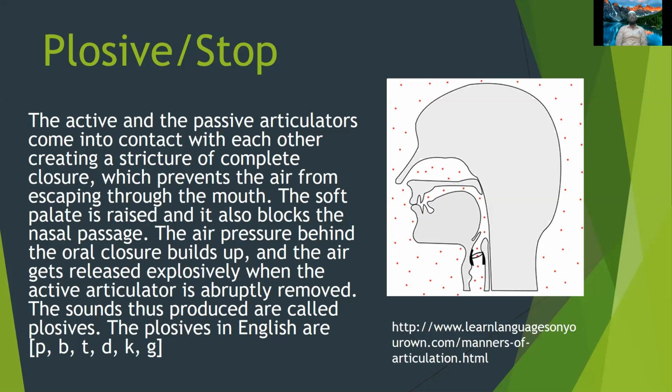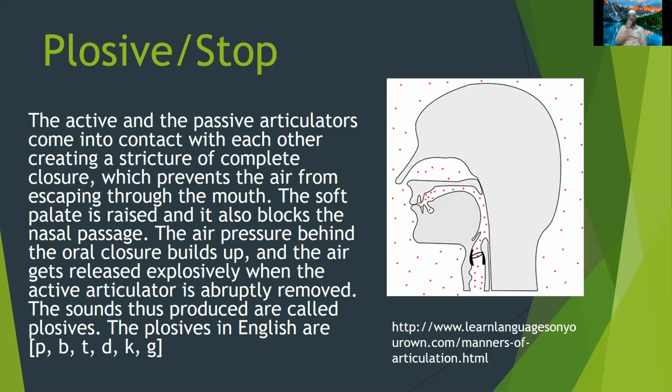The plosives in English are the 6 sounds: P, B, T, D, K, G. Complete oral closure, sudden release of the air.